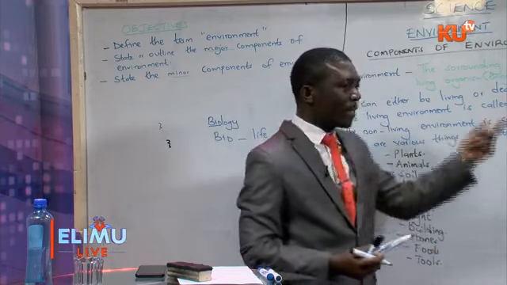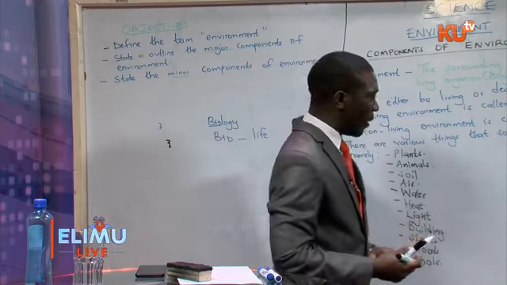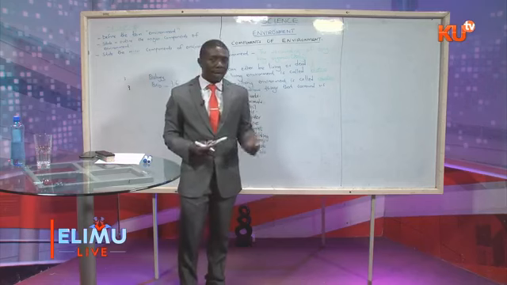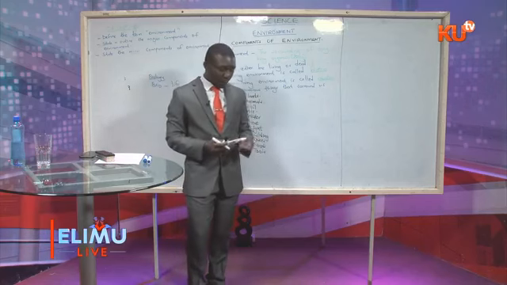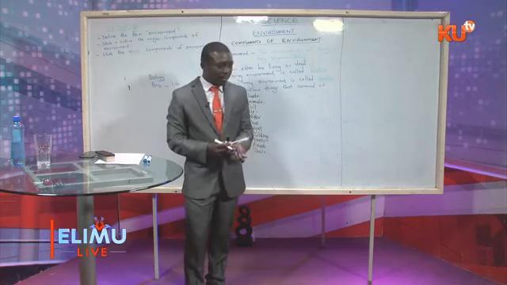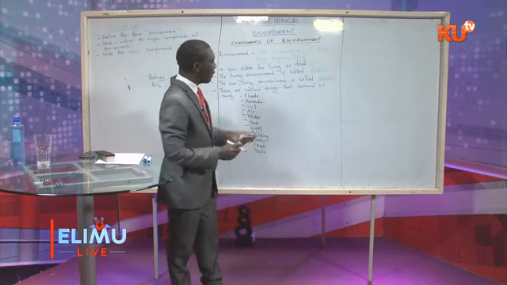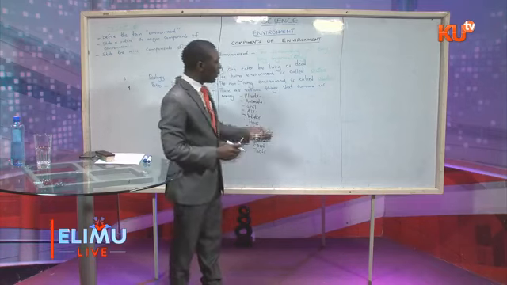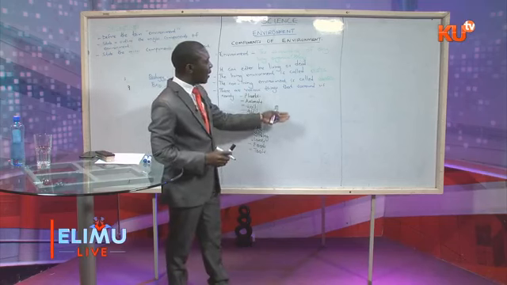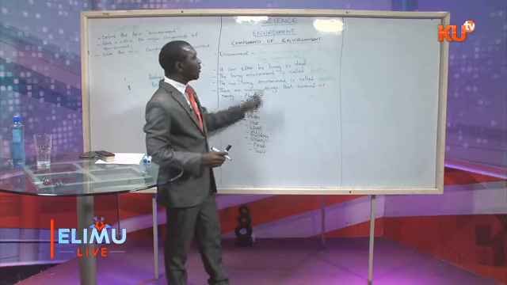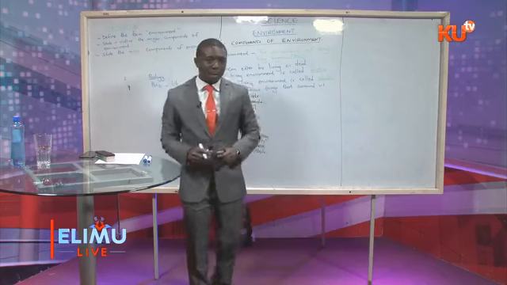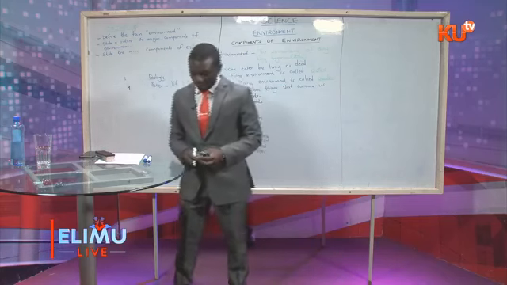So the surrounding of a bacteria is called the environment. The surrounding of a fungi? Under standard 5, the topic known as plants, we learned that examples of non-green plants are fungi and bacteria. So fungi, because it is a non-green plant, and you know plants are living things. So the surrounding of a fungi, we group it as environment.